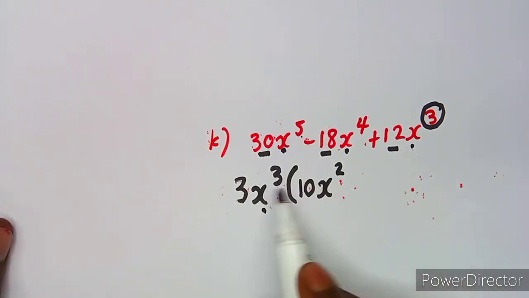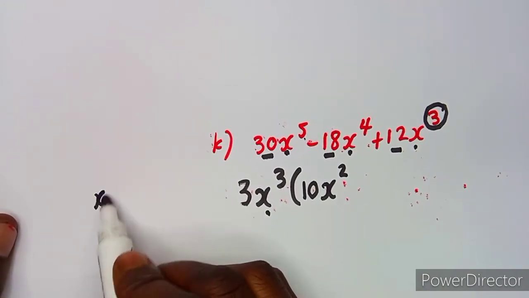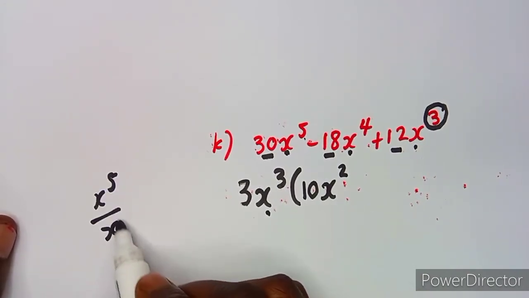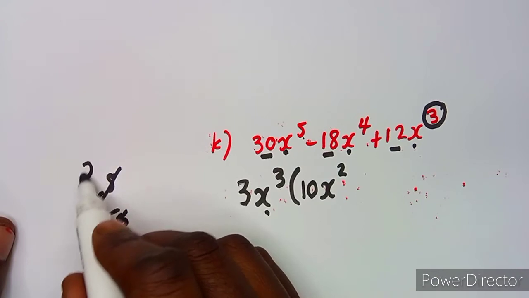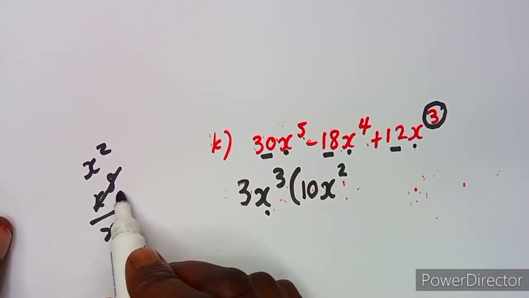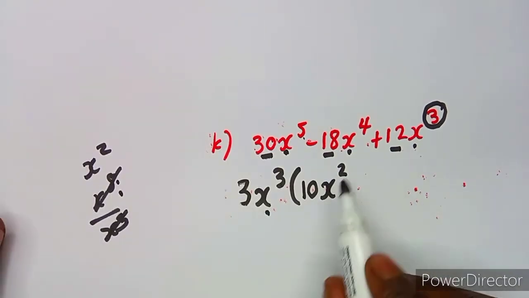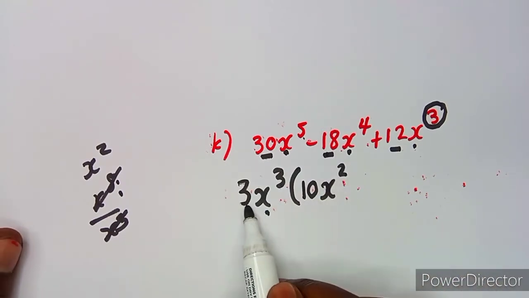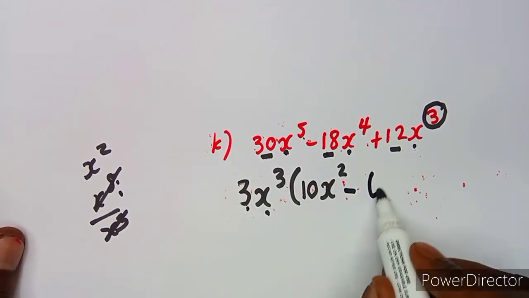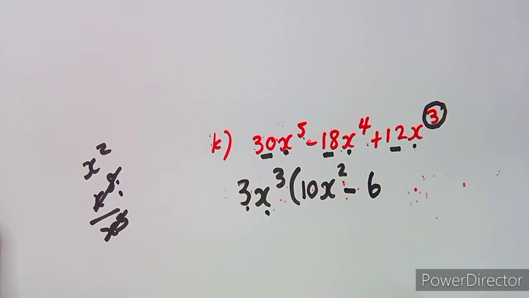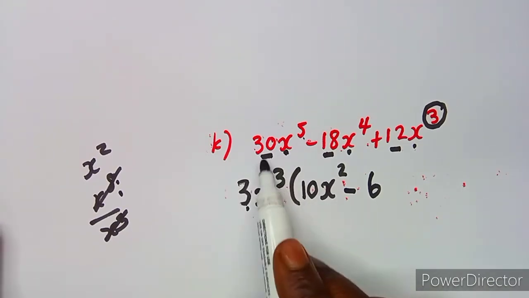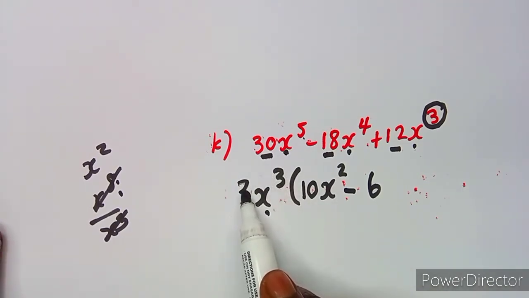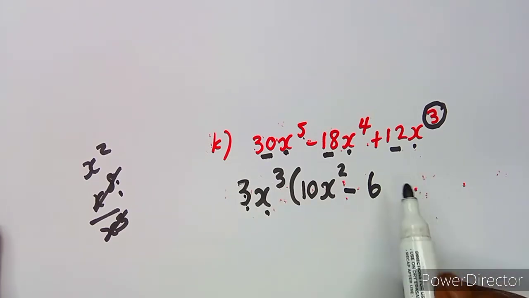Here there are 5, here there are 3. So if you divide like this, definitely you're going to be left with 2, because you have taken 3 out of 5. All right. Minus 18 divided by 3, that is minus 6. So which means this is not our highest common factor, guys. I hope someone saw that. Okay, we'll talk about that.